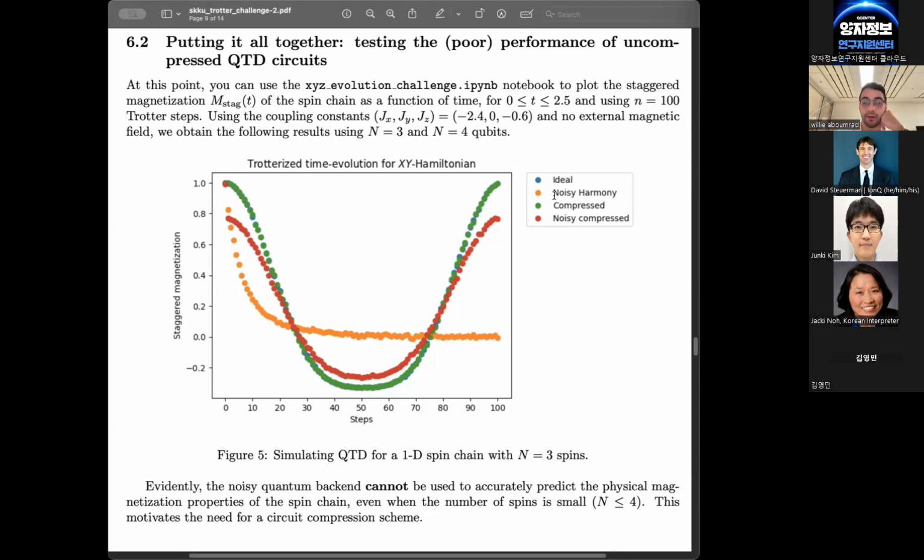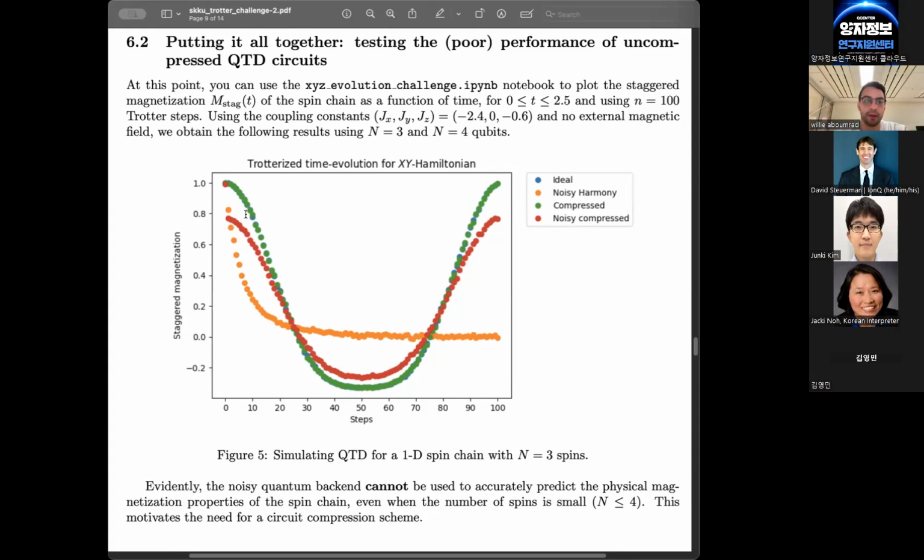However, once you compress your circuit, you get much better results. So the green dots show that the compressed circuit, if you run it ideally, indeed matches the uncompressed version exactly.